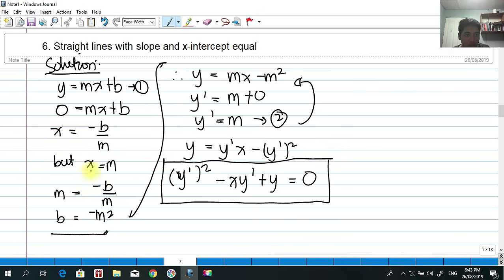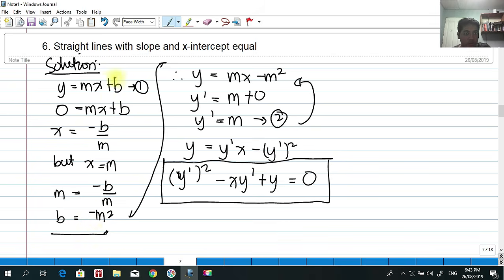So what we did is first we let y is equal to 0 because we want to know the x-intercept, and then we get x in terms of this equation. We have negative b over m, but according to our condition, the x-intercept is equal to the slope. So we substitute x with m, and then we get b in terms of m, so that we can substitute it back to the original equation.